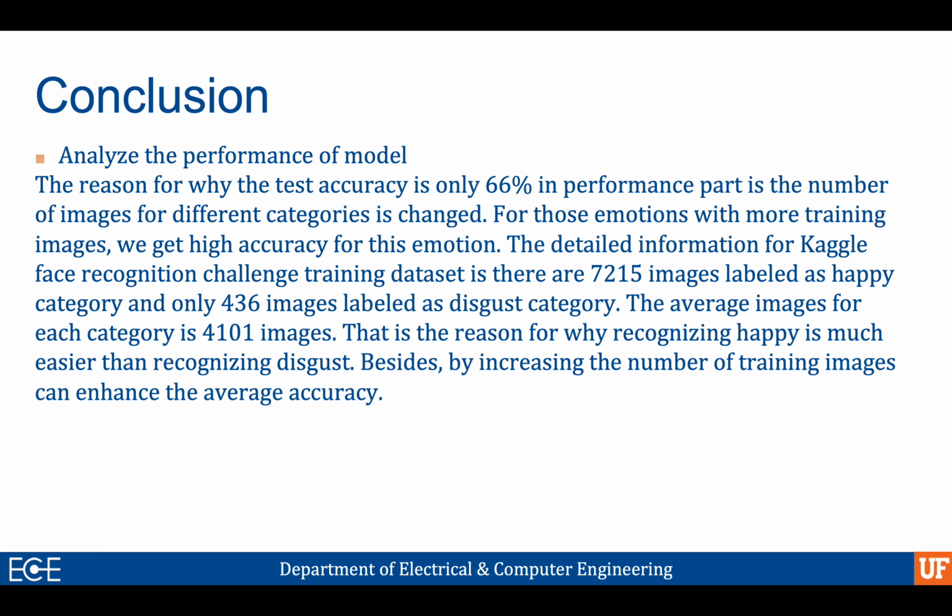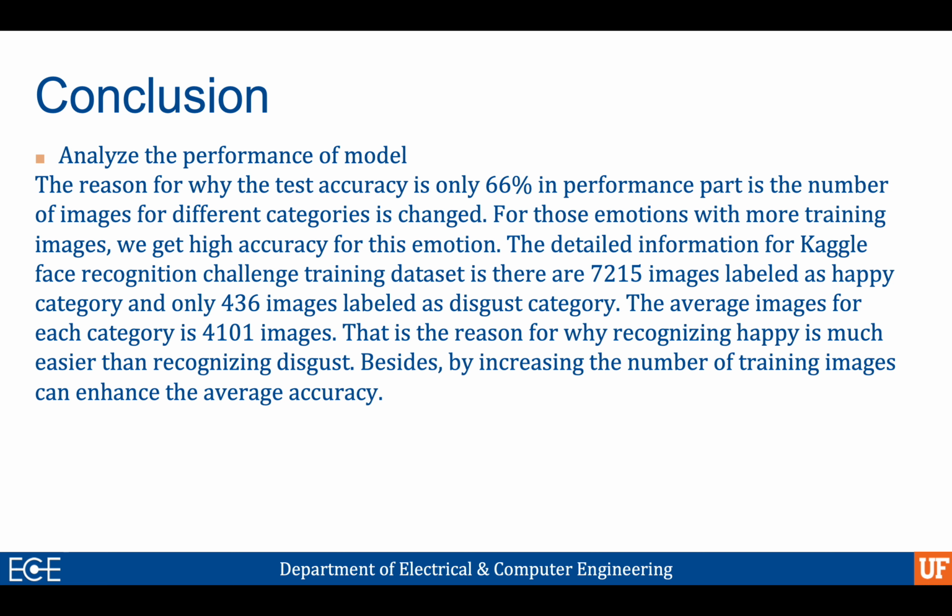And there are some conclusions for this model. Actually, the average test accuracy is only 66%. The reason why the accuracy is not so high is that for some emotions we don't have enough training images for this model.